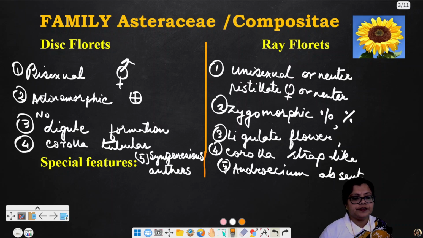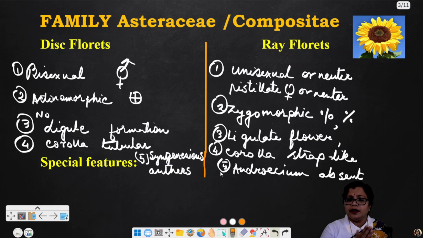Now the special features. Actually, for the NEET preparation, we have to focus mainly on the inflorescence, the flower, the detailed structure of the flower and the inflorescence, the floral formula, the floral diagram and economic importance. The vegetative characters are not so important from the point of view of NEET examination.